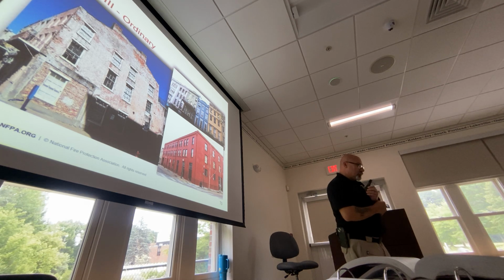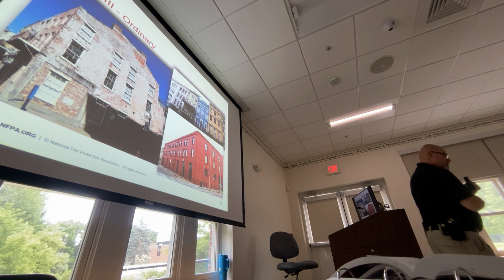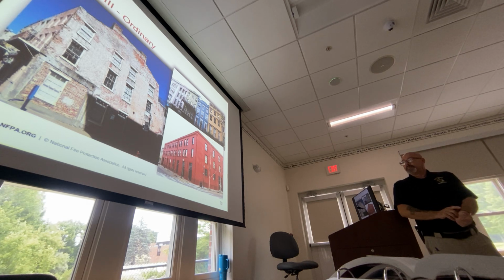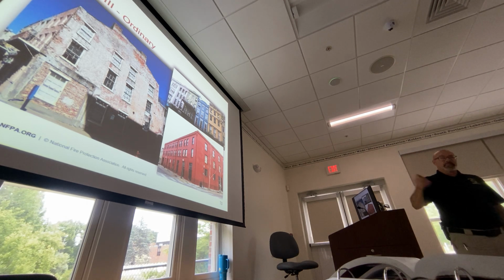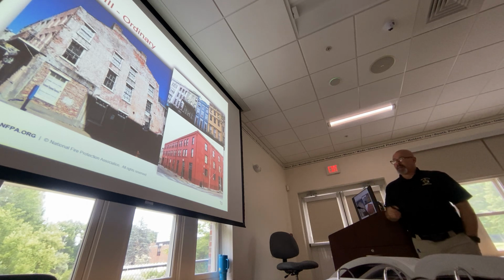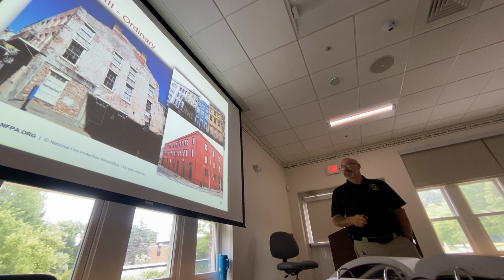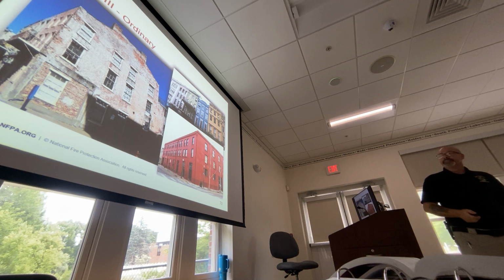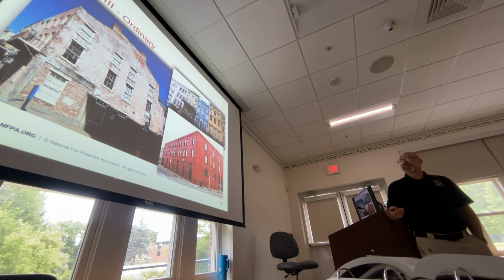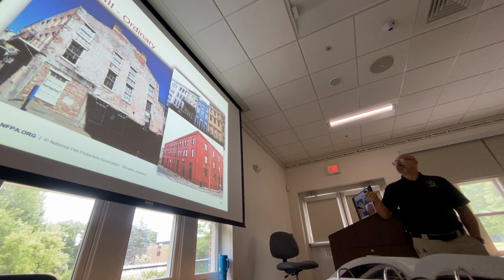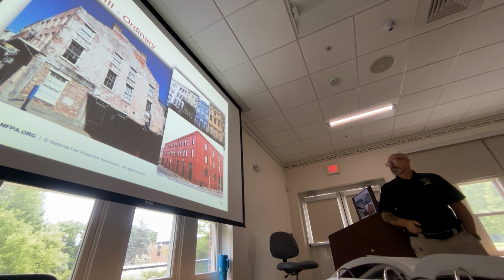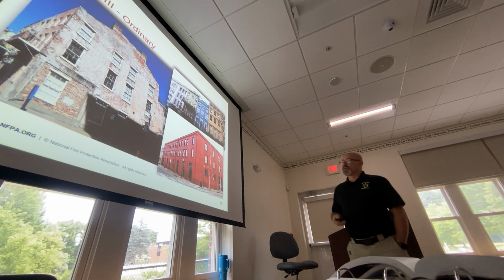So going back to type 3, mentioned it earlier, ordinary construction. Like I said, Waterville, Bangor, Lewiston, Portland, Augusta, they all have these types of buildings. We've all seen these types of buildings. They're all ordinary construction.